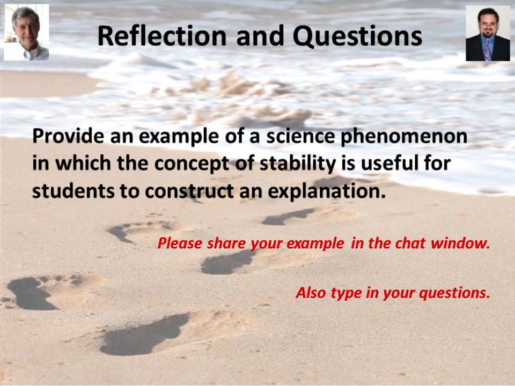So when you look at what is described in the framework and Next Generation Science Standards, most of these ideas have relationships to other ideas. In other words, you don't have stability and change standing alone. It's stability and change as it relates to cause and effect relationships, as it relates to systems. So that's a good question.